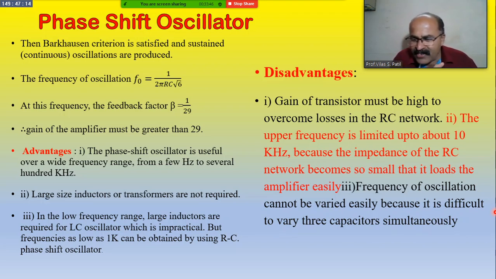The first disadvantage of the phase shift oscillator is that the gain of the transistor must be high, to overcome the losses of the RC network. Friends, the gain should be high, which can overcome the losses of the RC network.